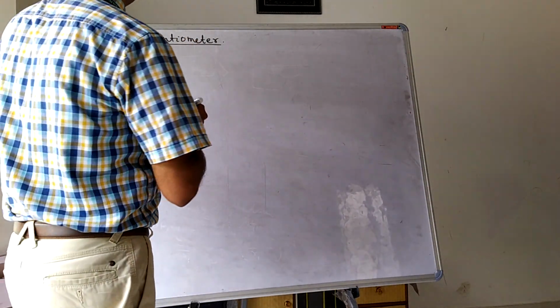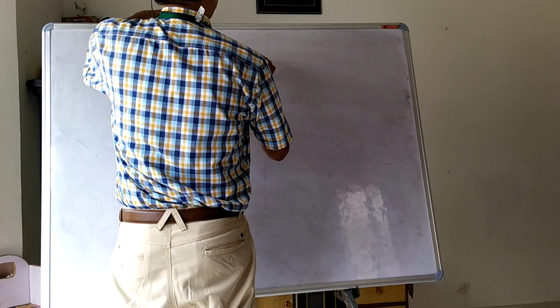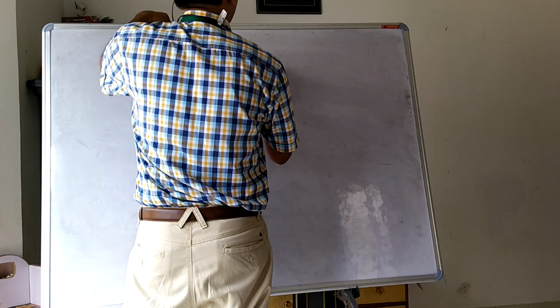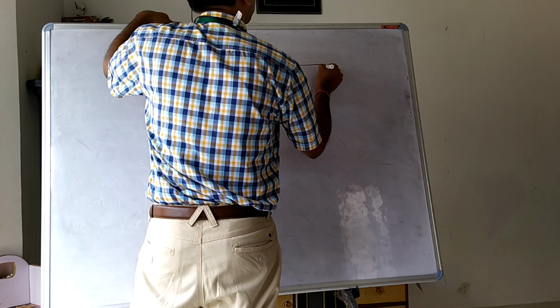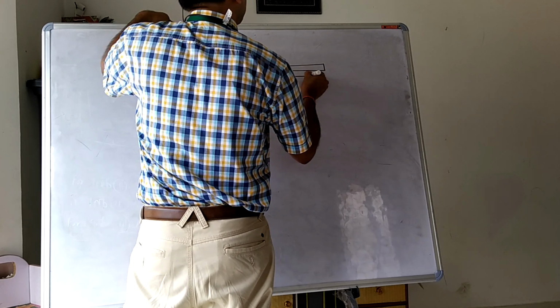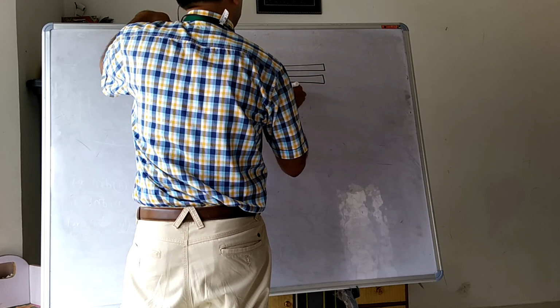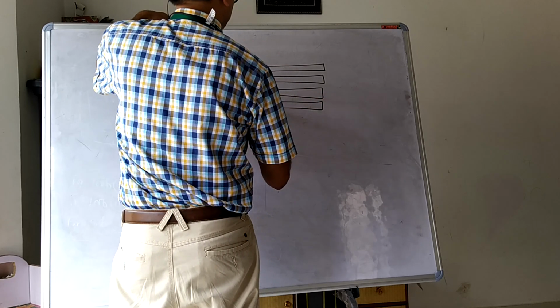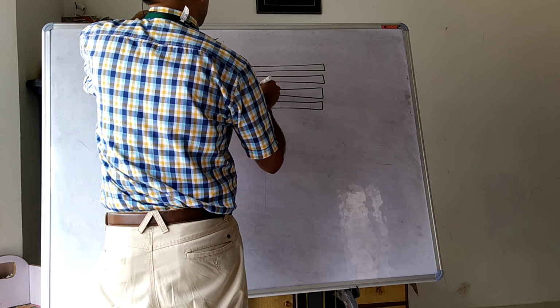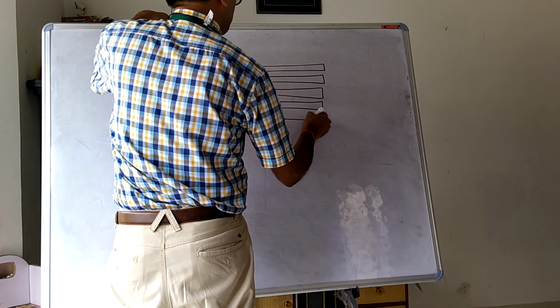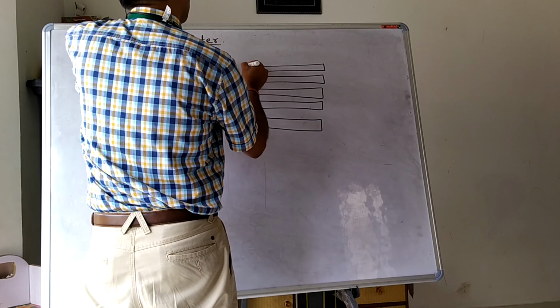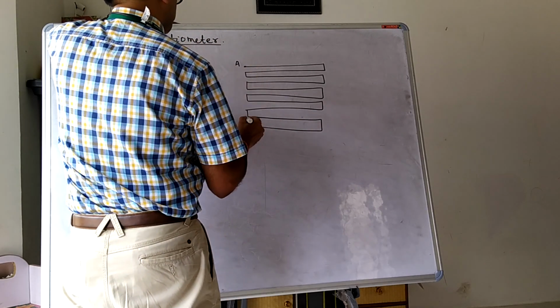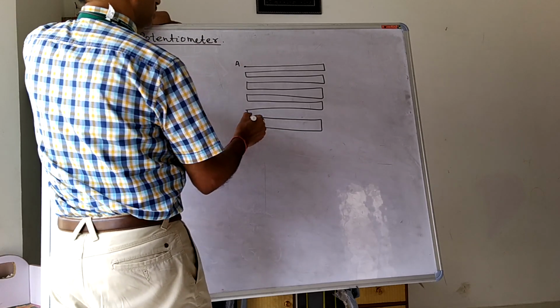Now, how is the potentiometer made? Generally it has 10 wires.